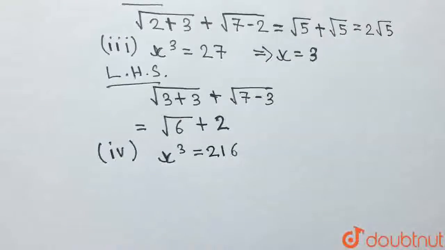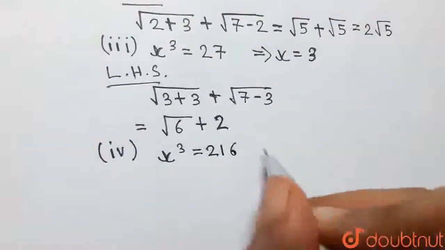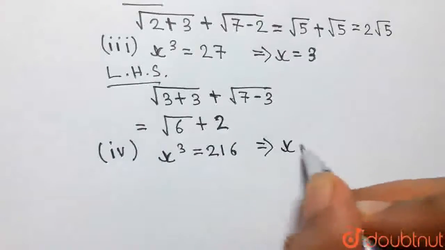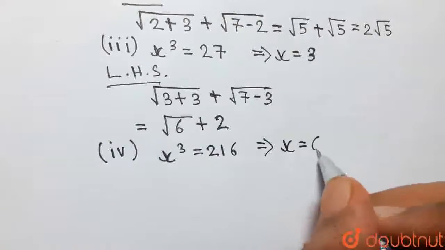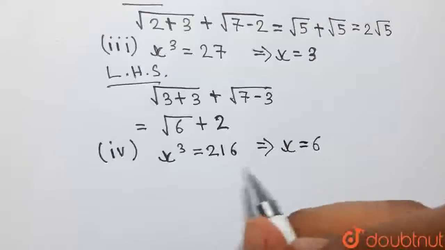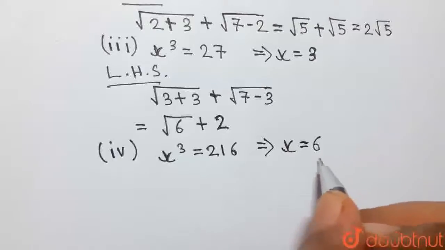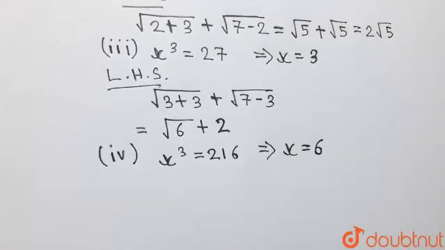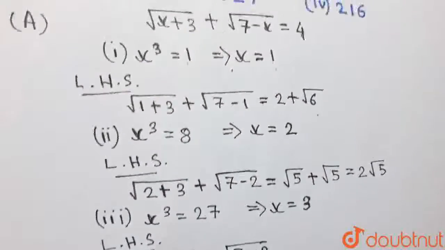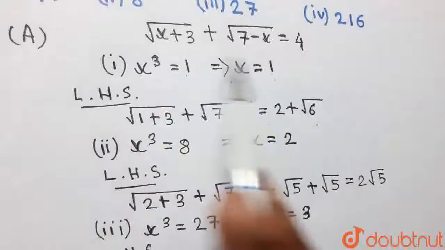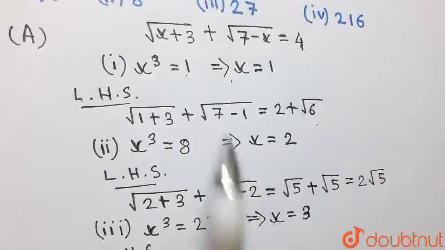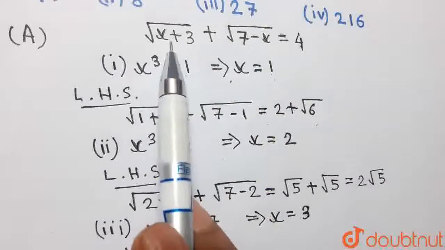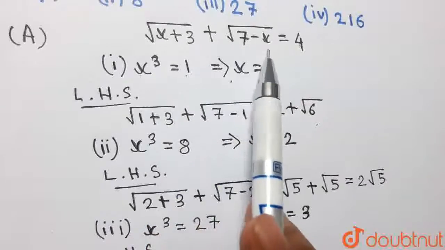Taking cube root on both sides of this equation like the previous options, x comes out to be equal to 6, because cube root of 216 is 6. So, checking if x equal to 6 satisfies this equation or not. Substituting x equal to 6 in the left hand side of this equation will give root over 6 plus 3 plus root over 7 minus 6.